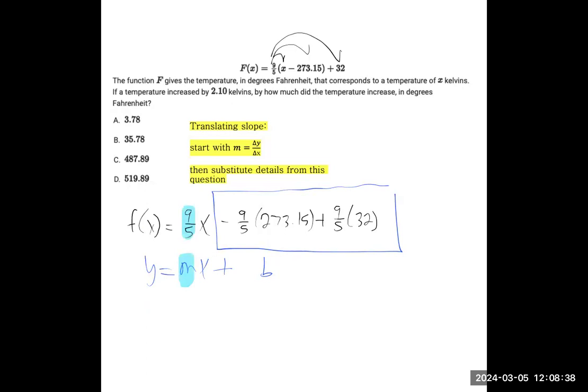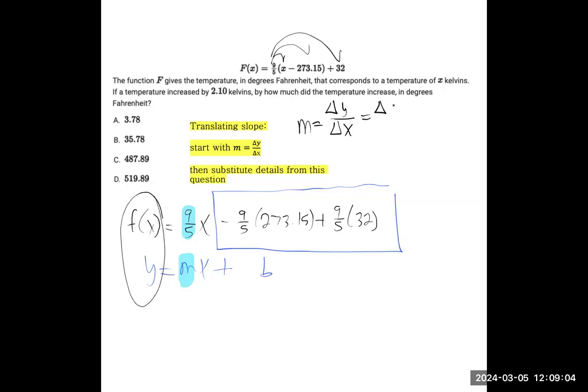And we're trying to figure out, is the thing that they're asking us about here, is that the slope or not? So translating slope says you start by saying slope is change in y over change in x, and then you plug in the y from this question and the x from this question. So the y from our question is the f of x, which is the temperature in Fahrenheit.